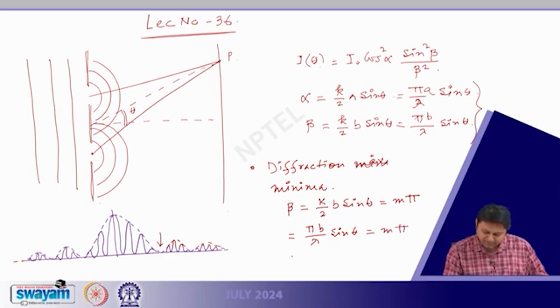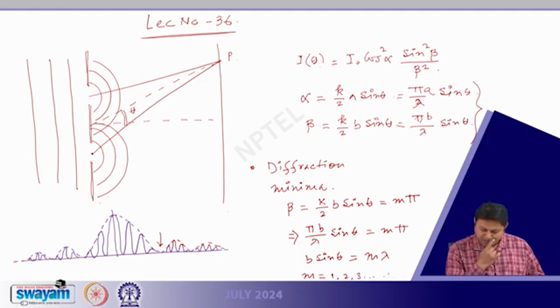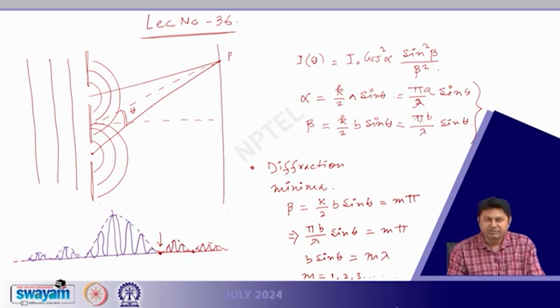From here, b sin theta equal to m lambda is the condition for diffraction minima, and m is simply 1, 2, 3 etc. At the minima in this location, the value of theta should be this.